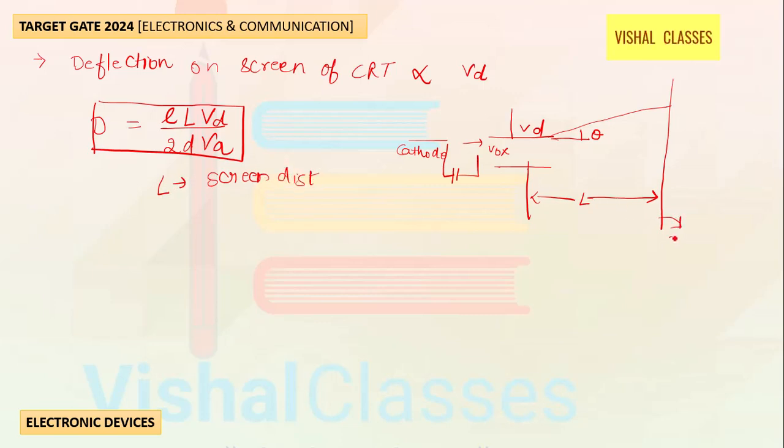Here I am making the diagram of the cathode ray tube. This is the screen. Capital L is the screen distance from the center of plates.